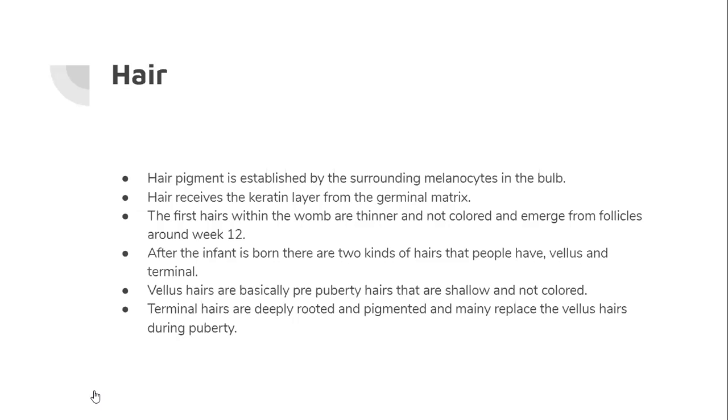After the infant is born, there are two kinds of hairs: vellus and terminal. But before vellus and terminal, those hairs are called, I believe, lanugo, and the vellus hairs are basically pre-puberty hairs. They're shallow and not colored. What I mean by shallow is the roots, the root of the hair is very shallow.